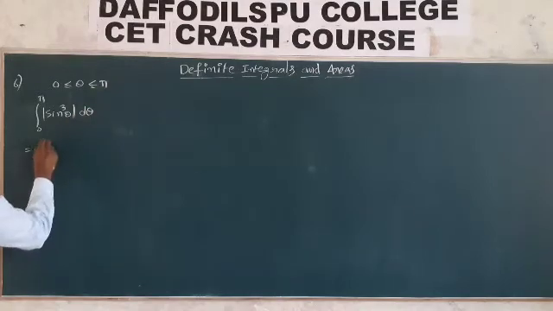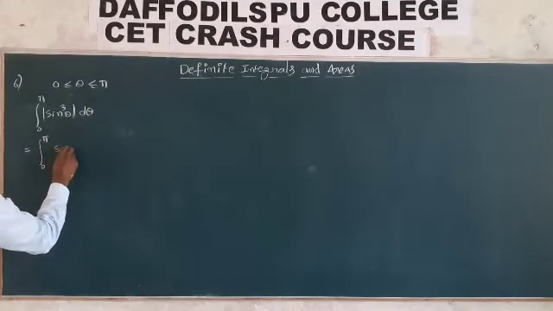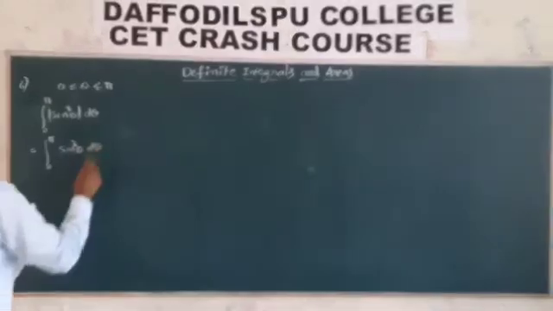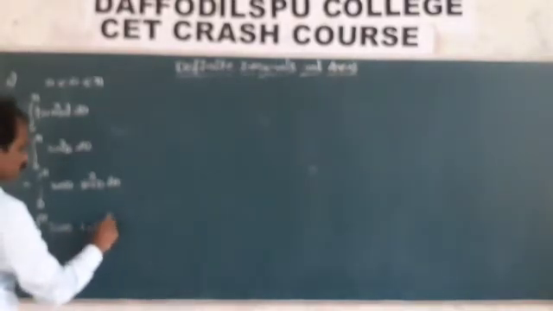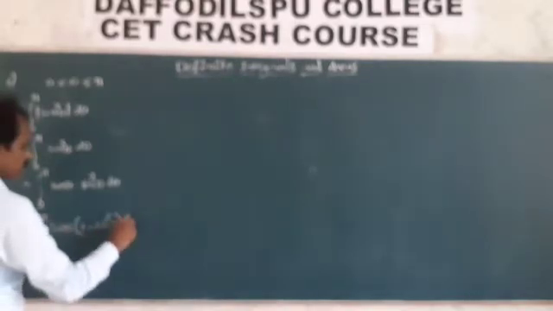This is equal to the integral from 0 to pi of sin cube theta d theta. Okay, this can be written as the integral from 0 to pi of sin theta times sin square theta d theta. Sin square theta can be written as 1 minus cos square theta.